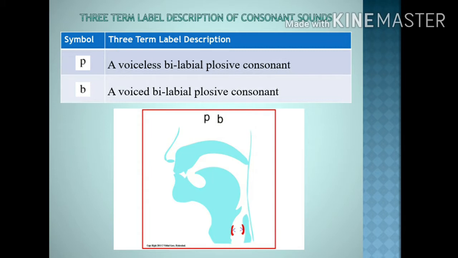Whenever I teach you in pairs, it means that those sounds belong to one particular category, and that's why they are being taught to you in pairs. So you need to remember that also.